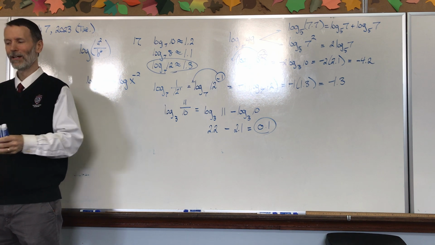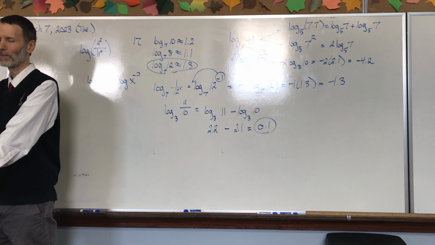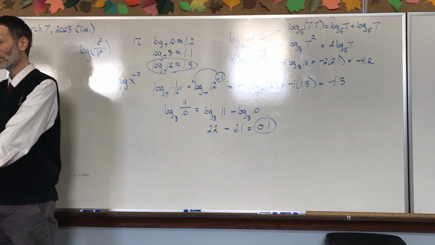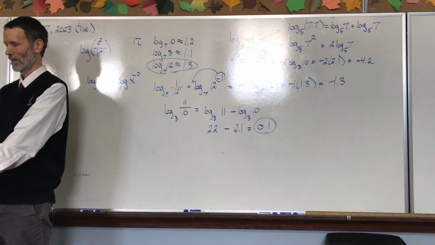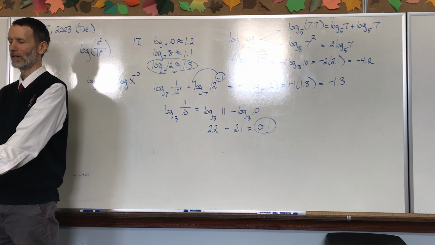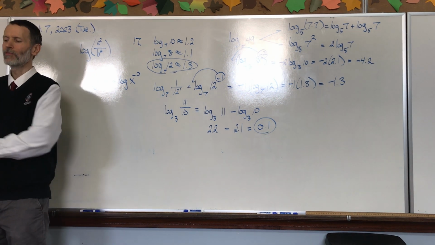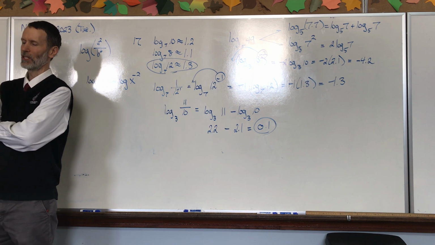Does anybody need that repeated? 6 log base 2 of c, plus 6 log base 2 of a, minus 3 log base 2 of b. The very last term is minus 3 log base 2 of b.